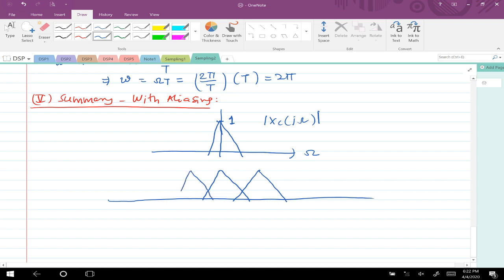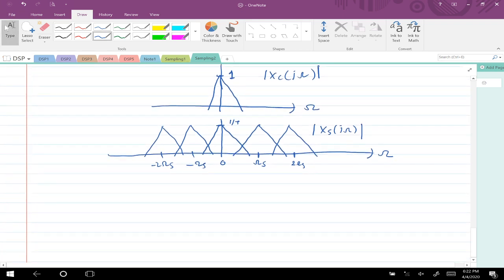So the copies are placed with an overlap. This magnitude is equal to 1 by T. Now this is your omega s, 2 omega s, and so on, 0, minus omega s, minus 2 omega s. This is omega. This is the magnitude of Xs of j omega.